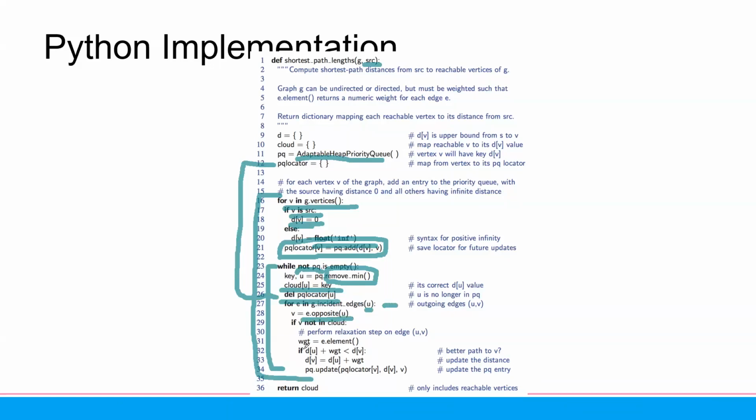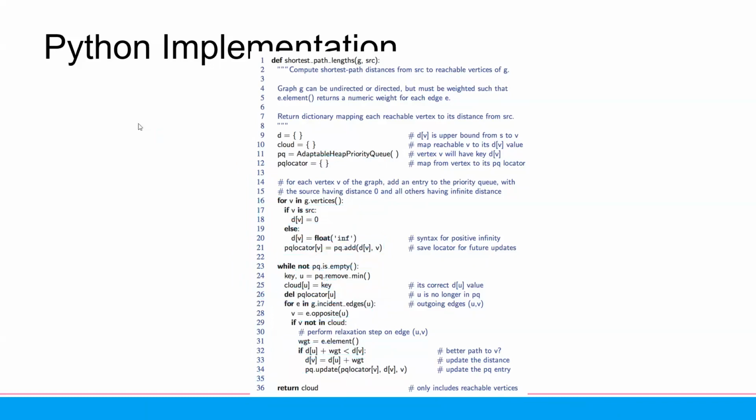And we do the checking like what we learned about the edge relaxation. So in the edge relaxation, we want to check whether the edge is less than d[z].